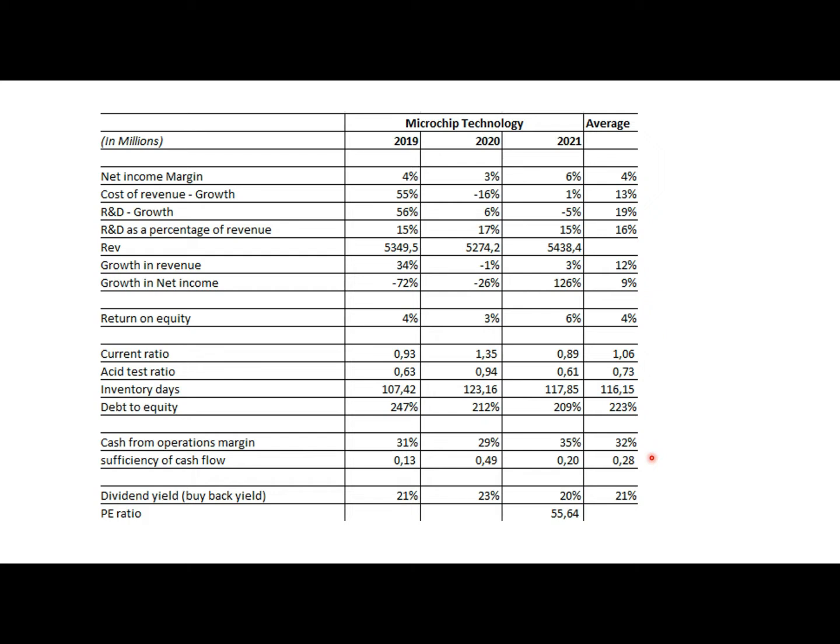It indicates that yearly, Microchip does not have enough cash from operations to cover or fund operations. This deterioration and underperformance can mainly be attributed to the fact that it is borrowing a whole lot, and as a result, it has to pay back a whole lot. So that, to me, is worrying.